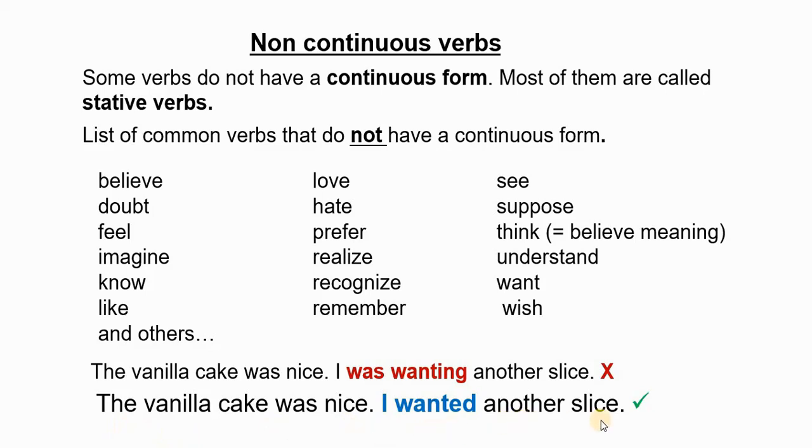I wanted another slice, and this is correct. Okay, that is correct. We must use the past simple. Alright, so I recommend that you look in a grammar book for stative verbs, and these verbs do not have a continuous form. Alright, so let's move on to our practice exercise.